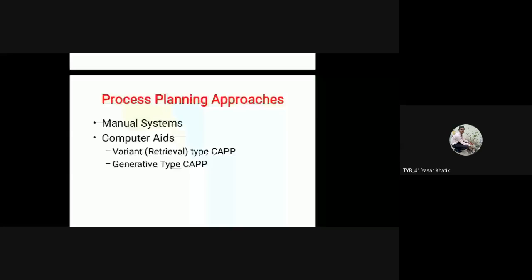For a new part we are going to manufacture, first we identify a similar part design in our database. Once we get a 90% similar part or nearly the same part, we pick up the existing plan of that previous part, modify it, and then go for our final new product.